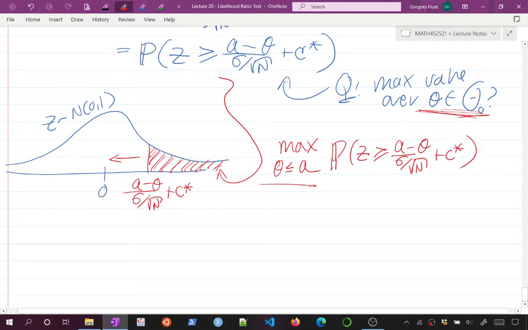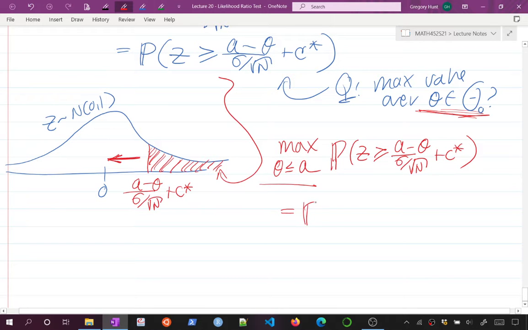We can't push it larger than a, because then that wouldn't be in the null. But if we push theta towards a, then this thing will move to the left here, right? Because I'm subtracting off theta. So as I push this theta towards a, this thing should get larger.